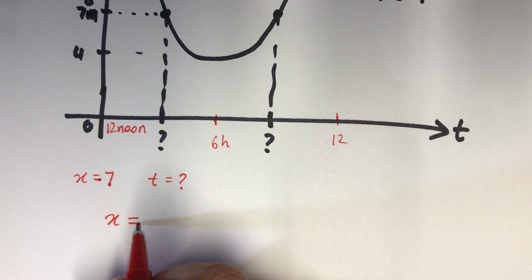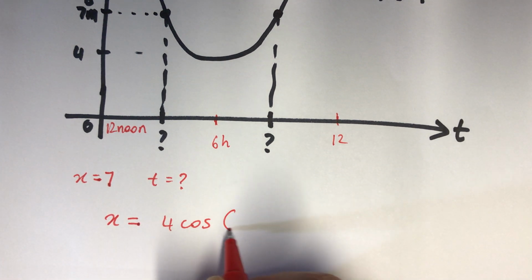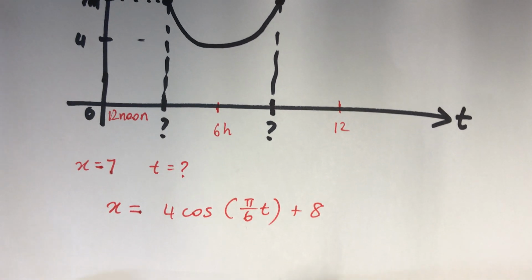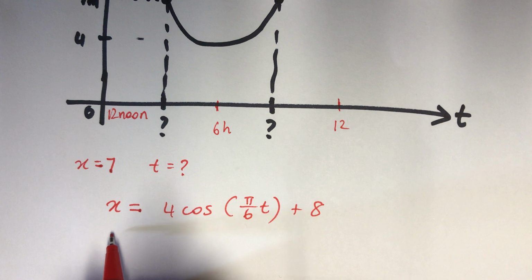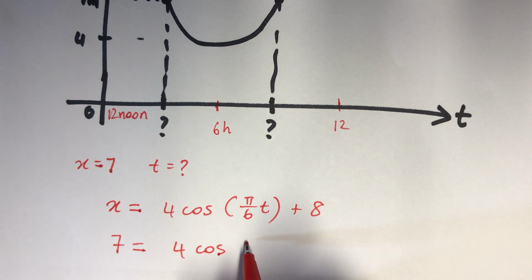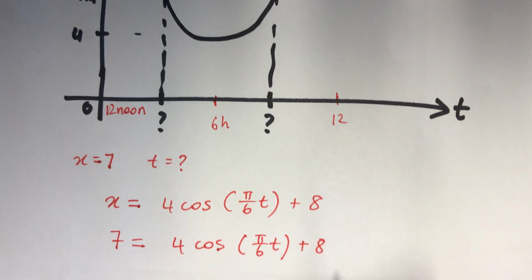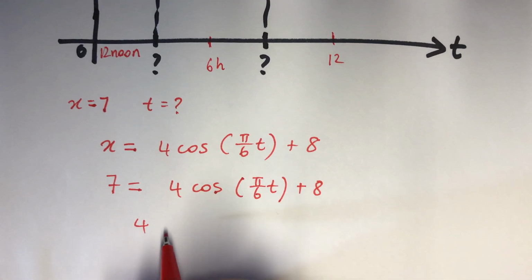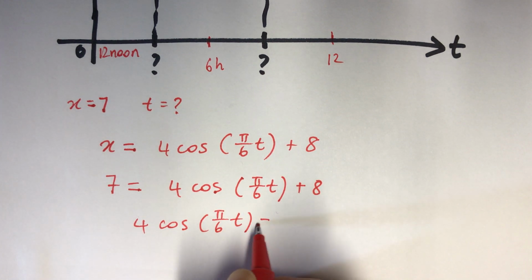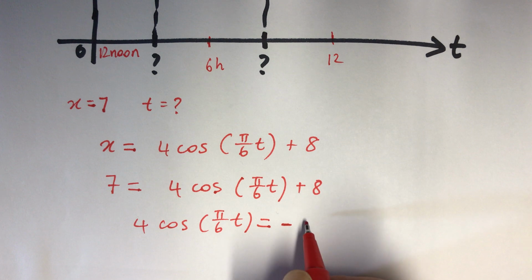What was our formula? x equals 4 cos(pi over 6 t) plus 8. And I'm going to put 7 into x there. So 4 cos(pi over 6 t) equals minus 1.